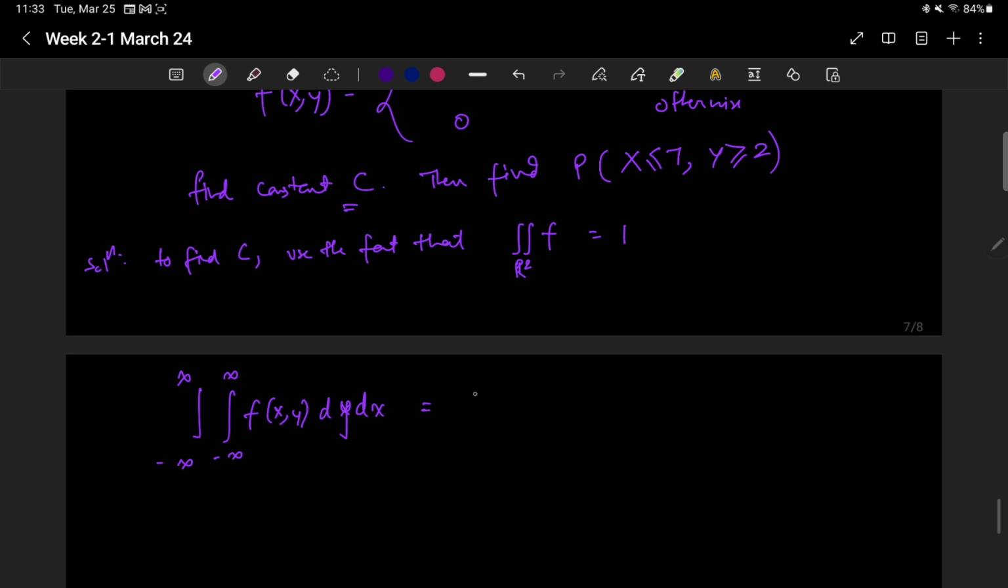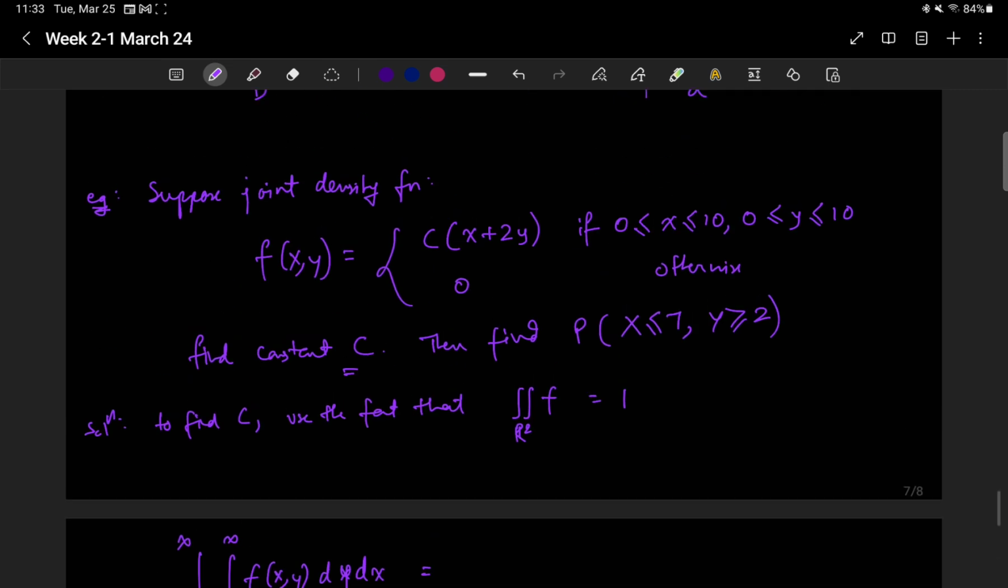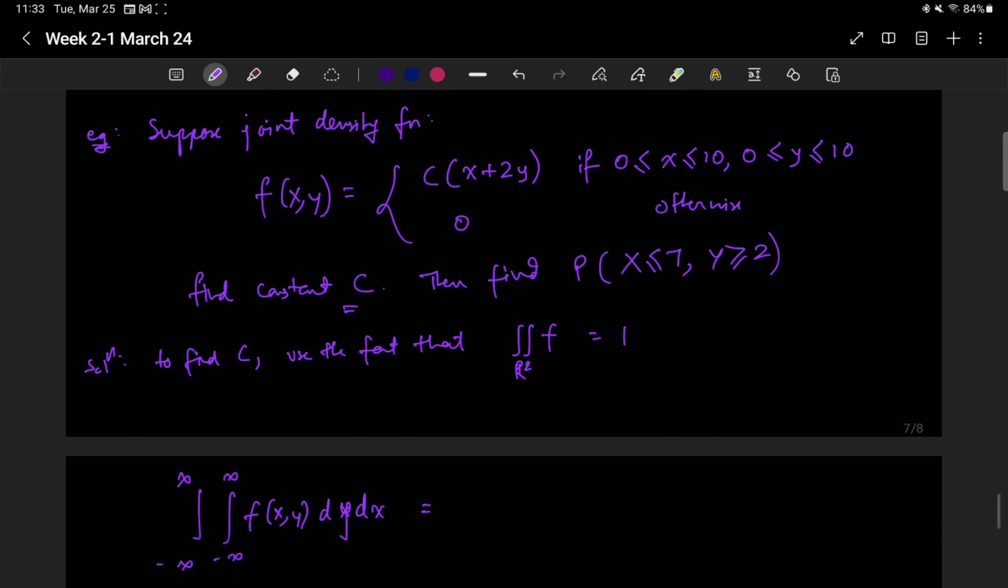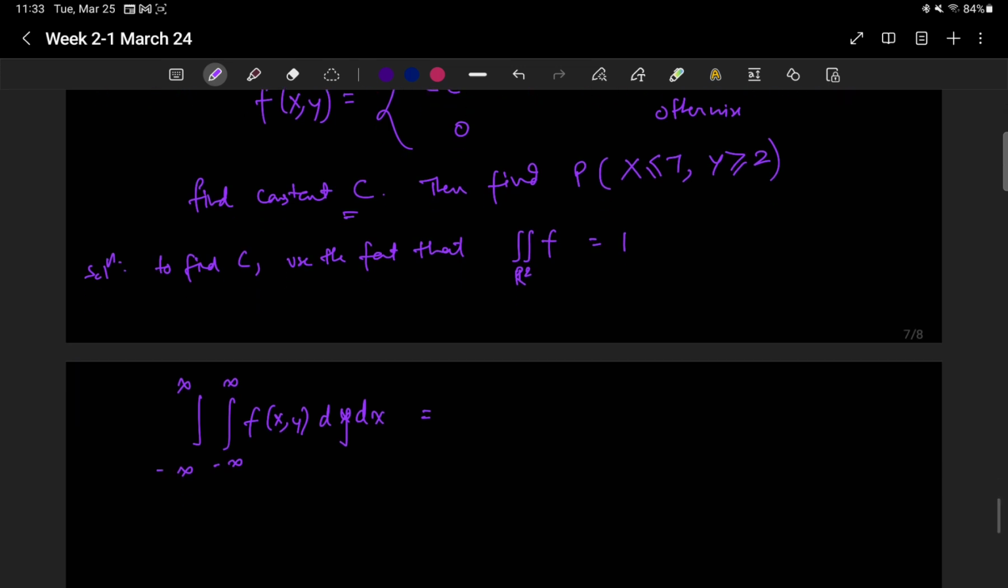But remember when we did 15.2, the double integral over a general region, we do something like this, right? We make a step function, a compound function, and we make the value 0 outside of the region. So we create a rectangle.